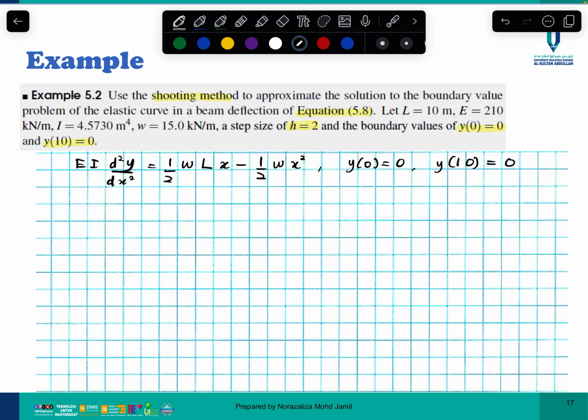Your E is 210 times I, and then W, L, x minus 1/2 W x².